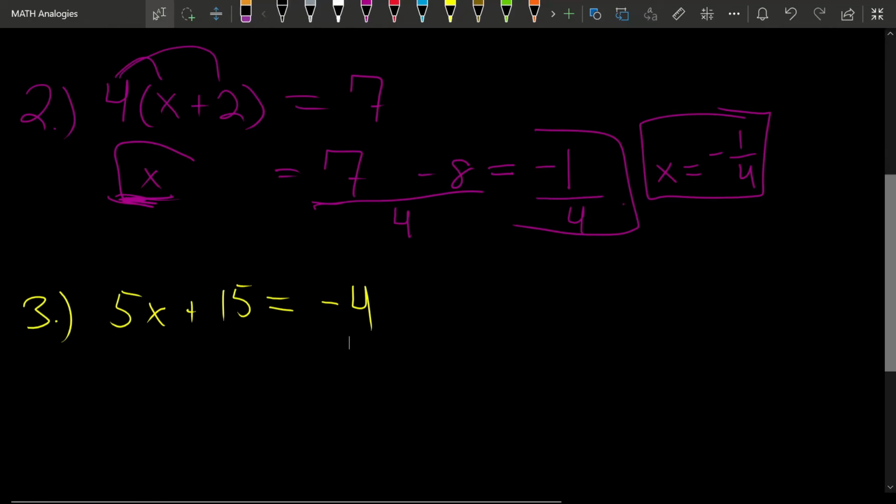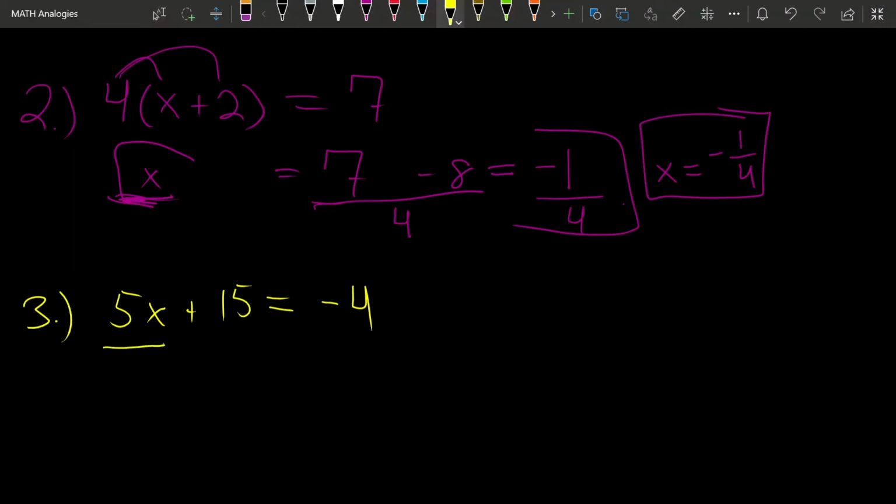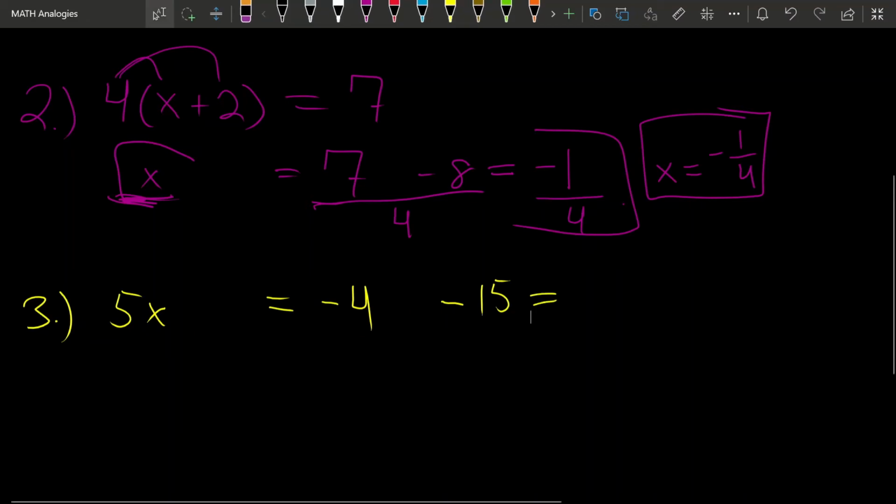Alright, well, we want to solve for x, so we need the term with the x on it all by itself. And that's the 5x here. Alright, so let's get that 15 over to the other side. And we're sure to negate it. And what we're looking at now is minus 4 minus 15.